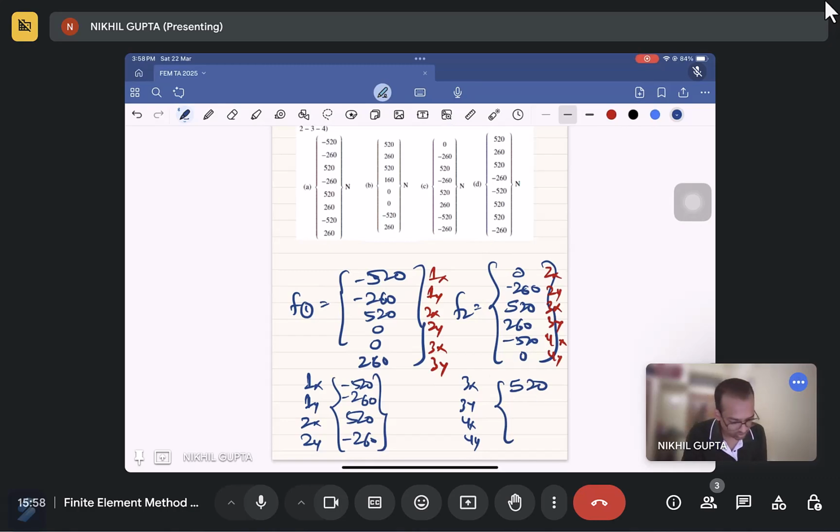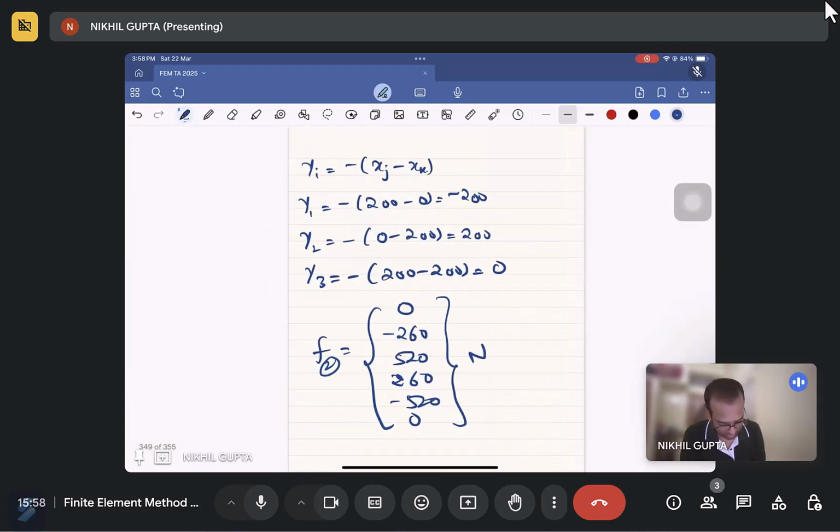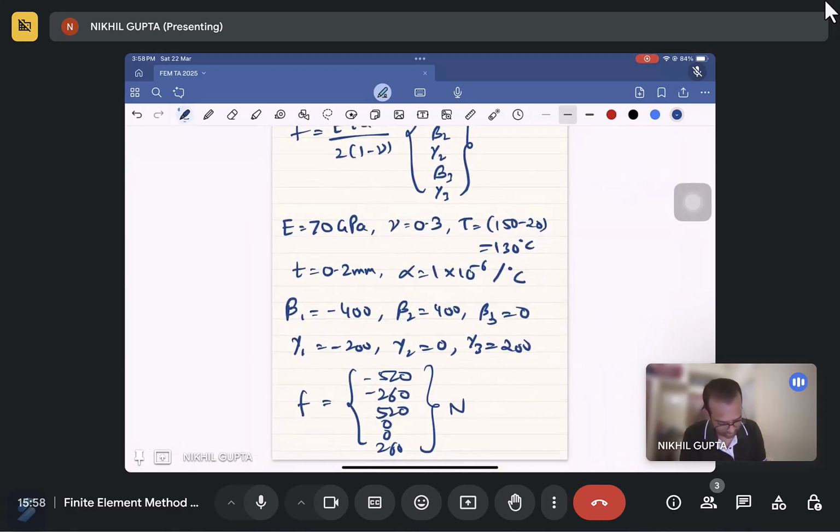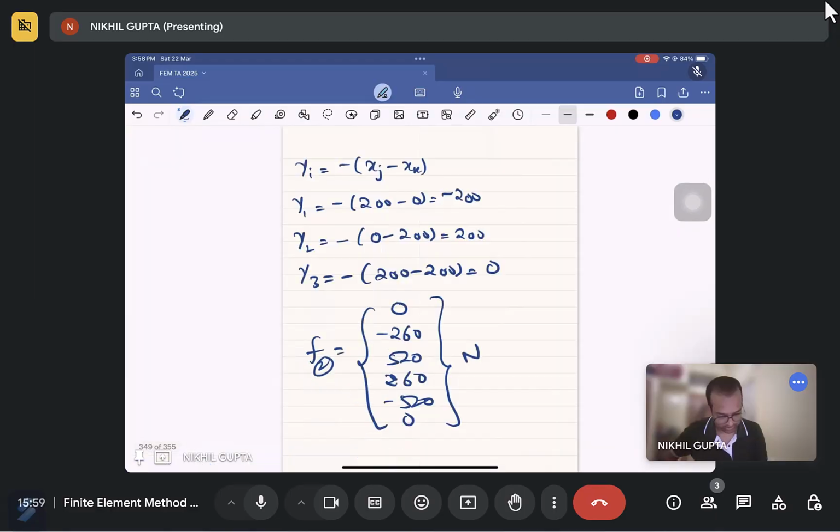3y is 260 here, and 1x, 1y, 2x, 2y, 3x, 3y, 4x, 4y, minus 520. I think I mentioned something wrong. F1, let me check, it's 0 0 260.